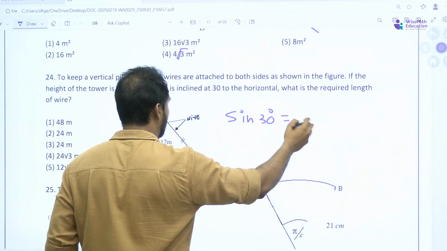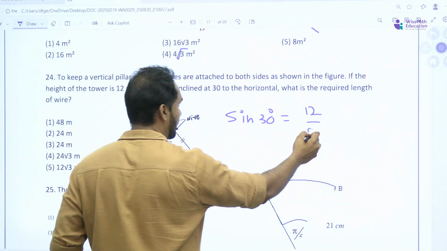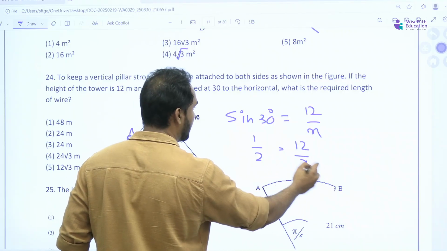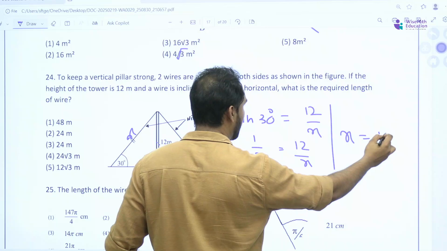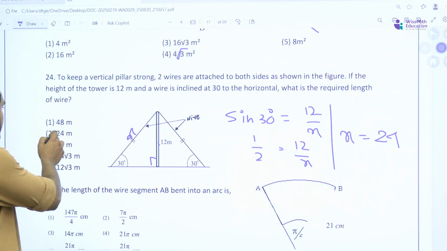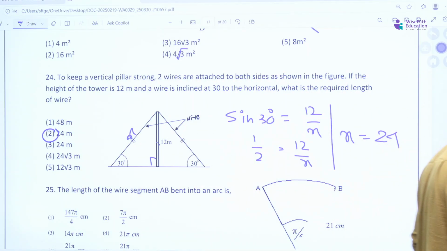Sine 30 is opposite over hypotenuse, that is 12 over x. Sine 30 is half equals 12 over x, and x equals 24, isn't it? So the wire length is 24. That is easy, right? Take a quick note.